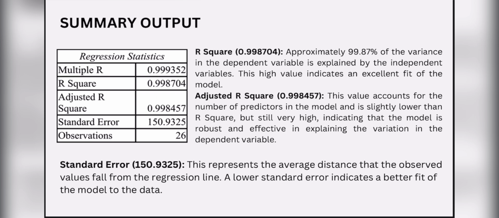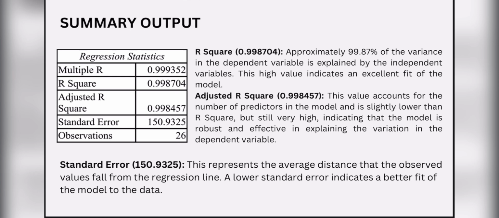The next one is adjusted R square, which is 0.998457. This value accounts for the number of predictors in the model and is slightly lower than R square, but still very high, indicating that the model is robust and effective in explaining the variation in the dependent variable.